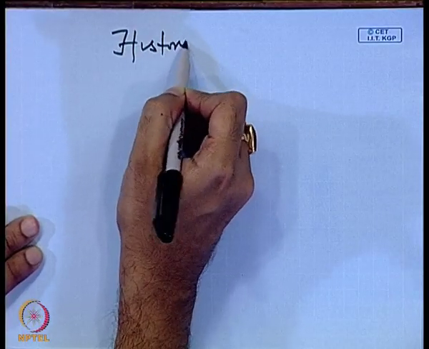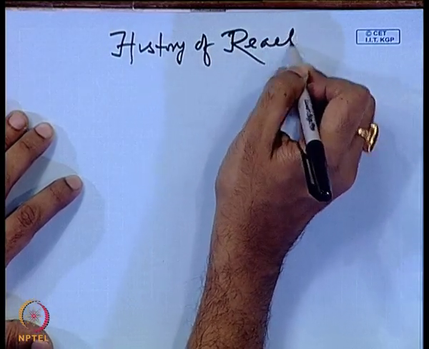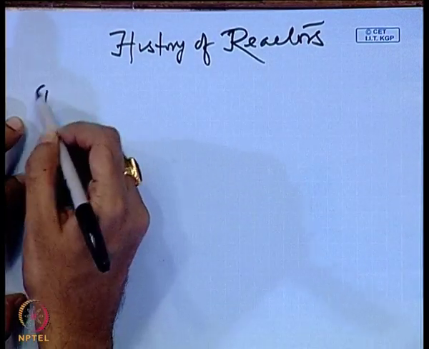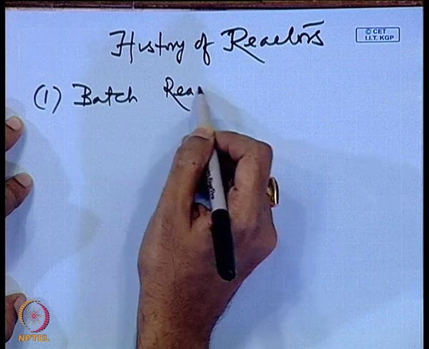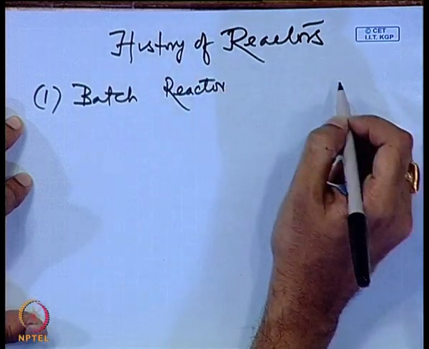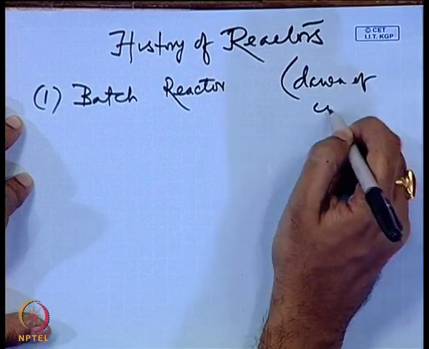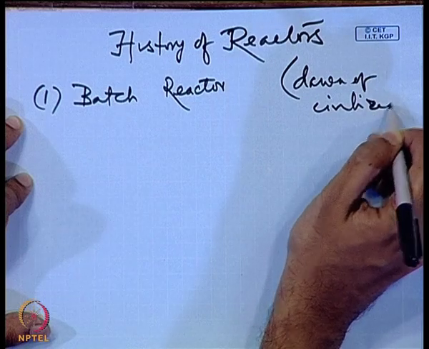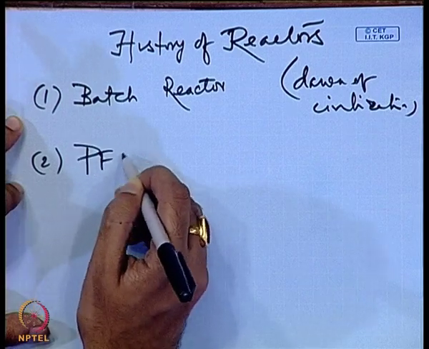So let's say the history of reactors: the batch reactor was the dawn of civilization. The second one is the plug flow reactor, PFR.